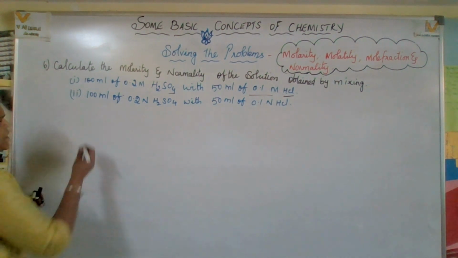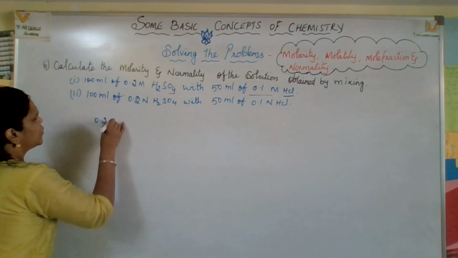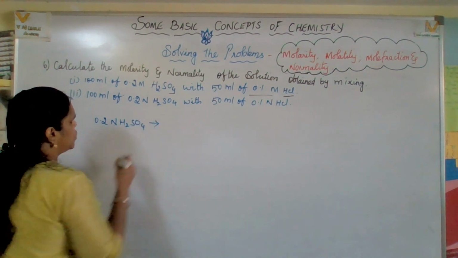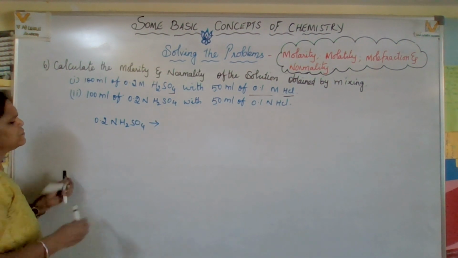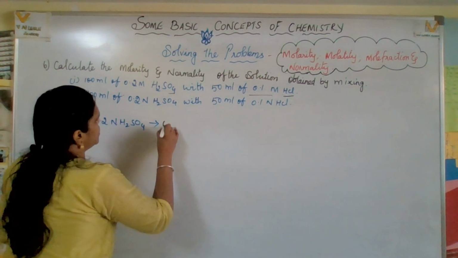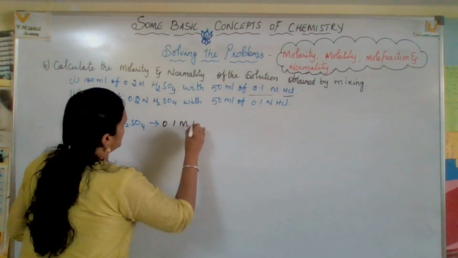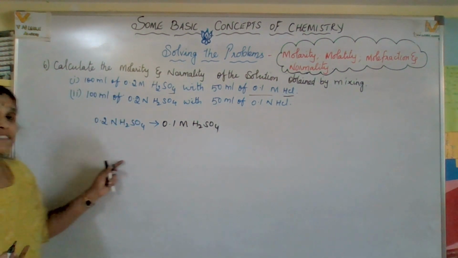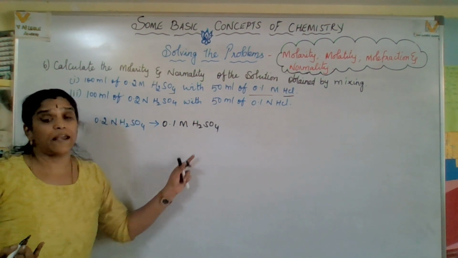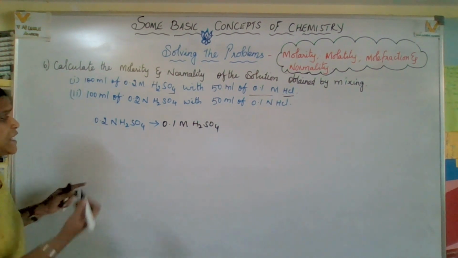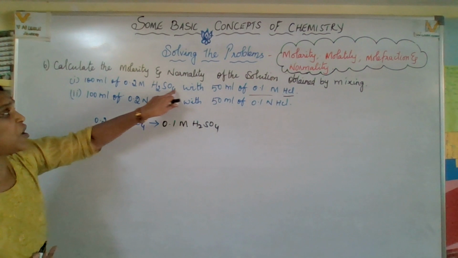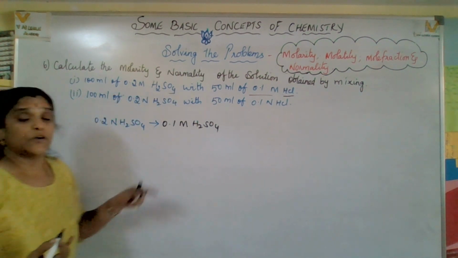This is very simple. Now 0.2 N H2SO4 means you will get 0.1 M H2SO4. See, normality is equal to molarity into valency factor. So the valency factor of H2SO4 is 2.